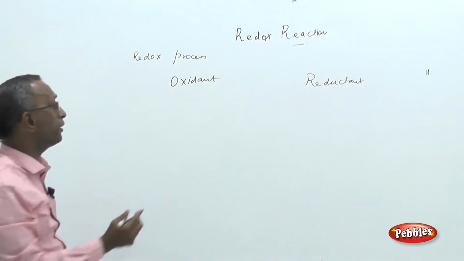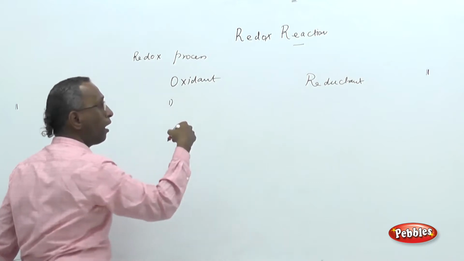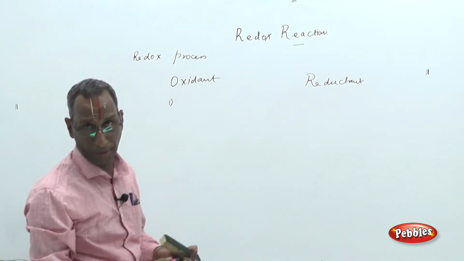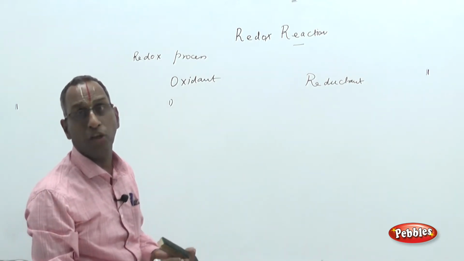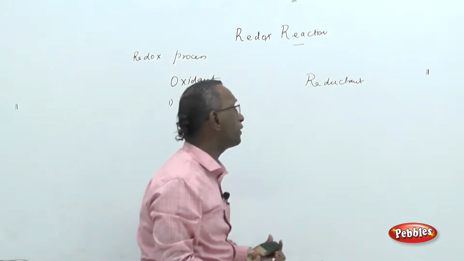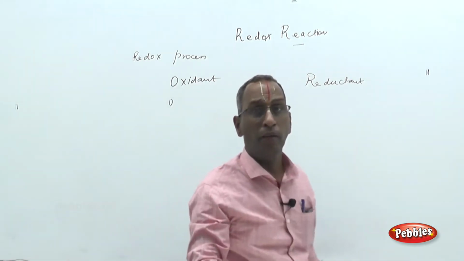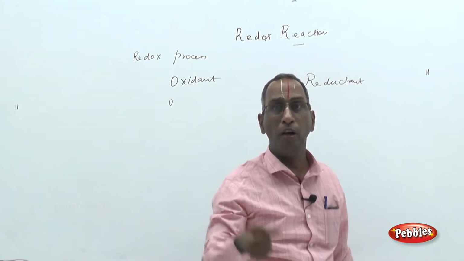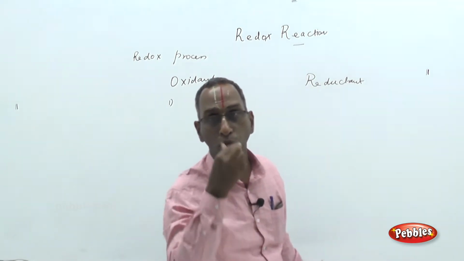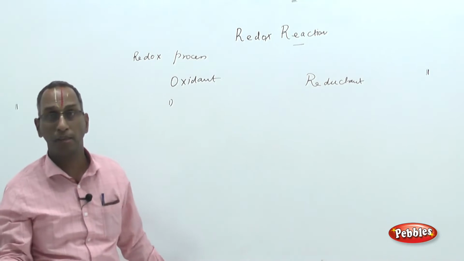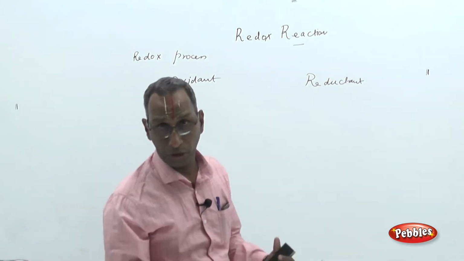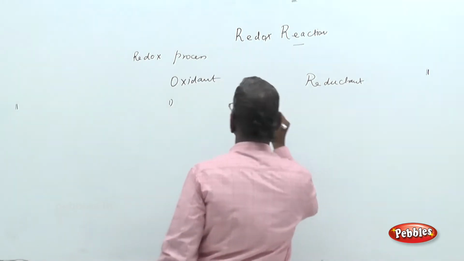An oxidant is a substance which can add oxygen to other species, which can enable the oxidation process. Similarly, a reductant is a substance which can add hydrogen or electron or remove oxygen from the adjacent system.